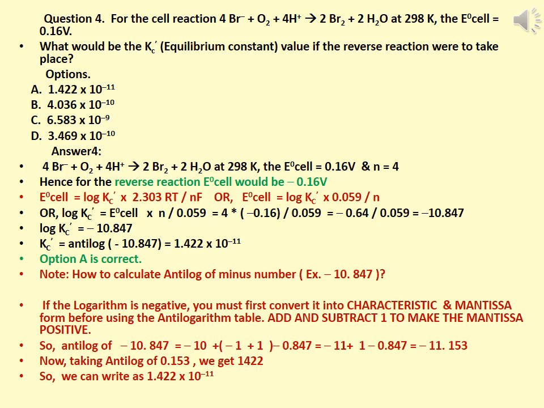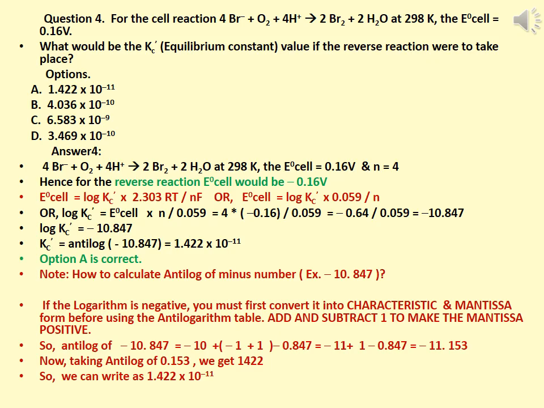Taking antilog of minus 11.153, we get it as 1.422, and the characteristic is minus 11. So we can write the value as 1.422 into 10 power minus 11.